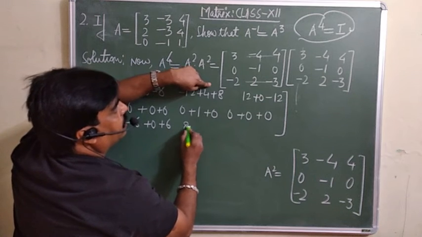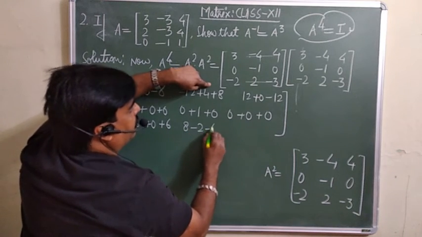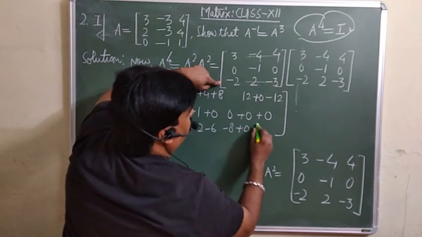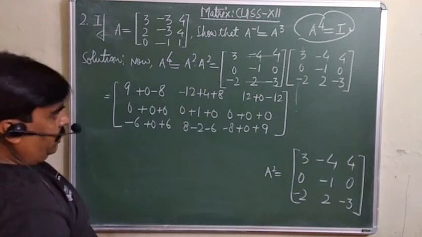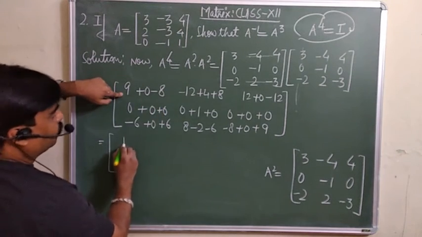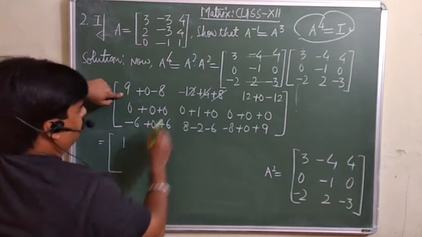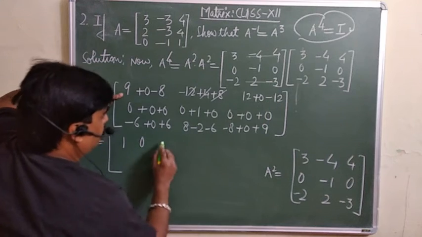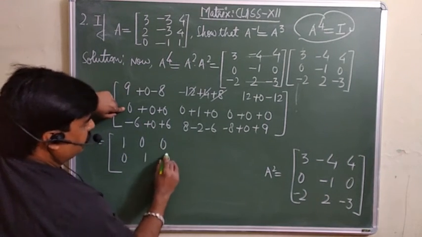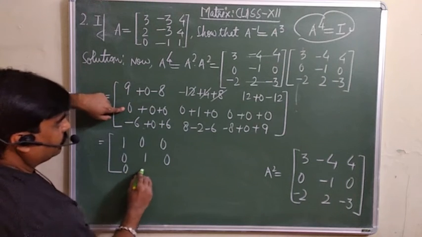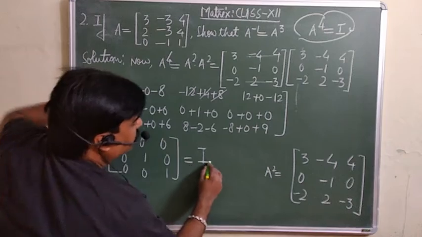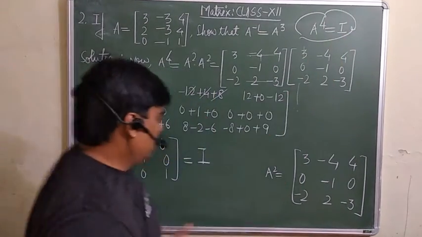Here is 8 minus 2 minus 6 minus 8, 0 plus 9. Here you are getting 9 minus 8 is 1. This is 0, 0, 0, 1, 0. This is 0, 0 and 1. And that is equal to the identity matrix here. So hence proved.